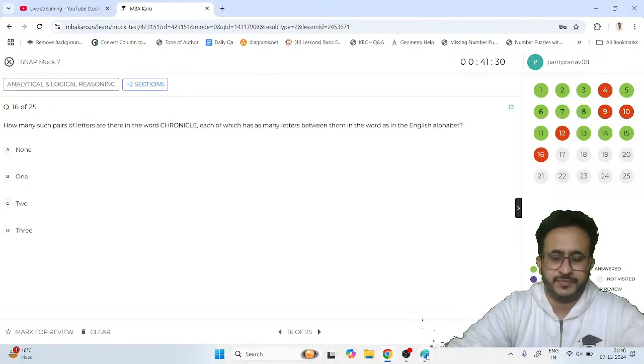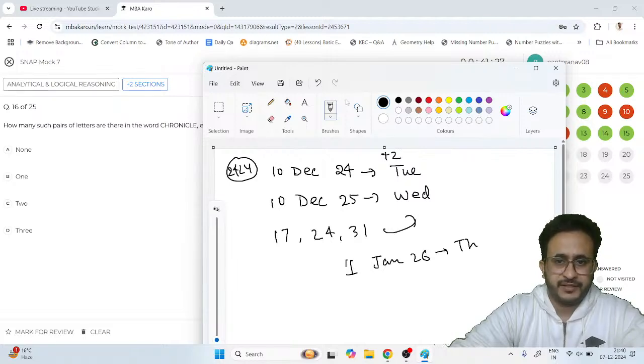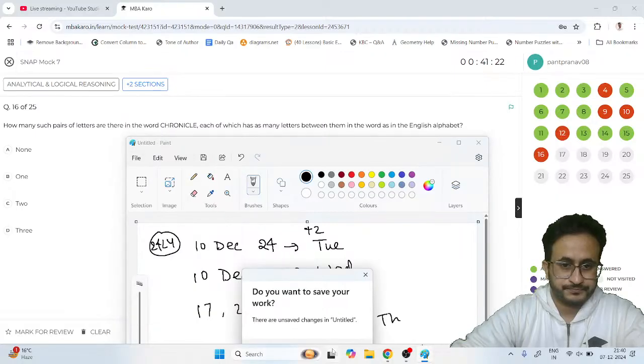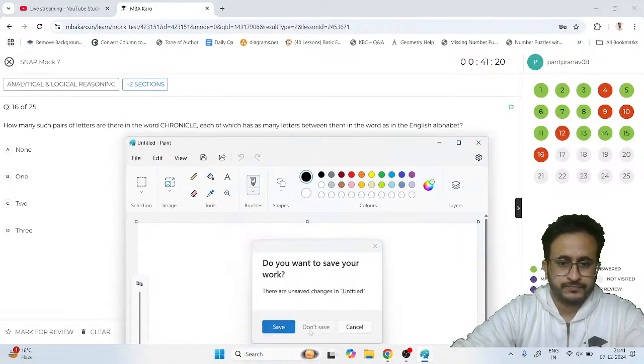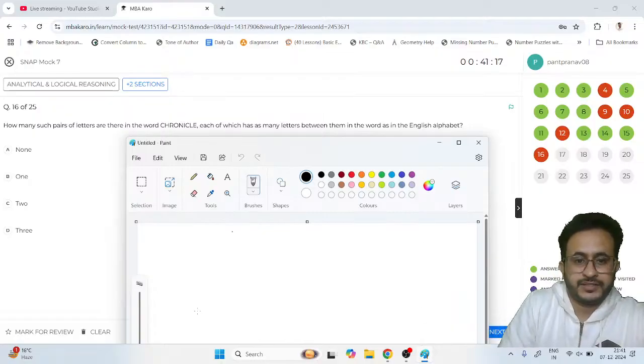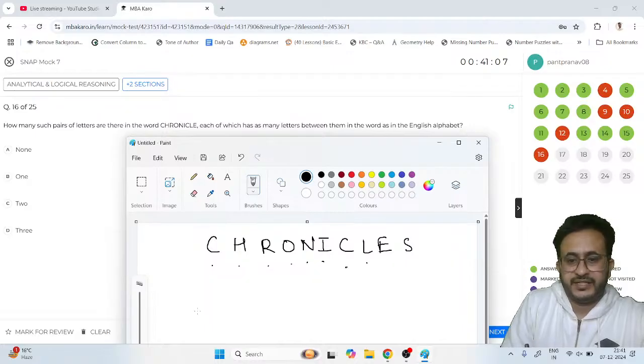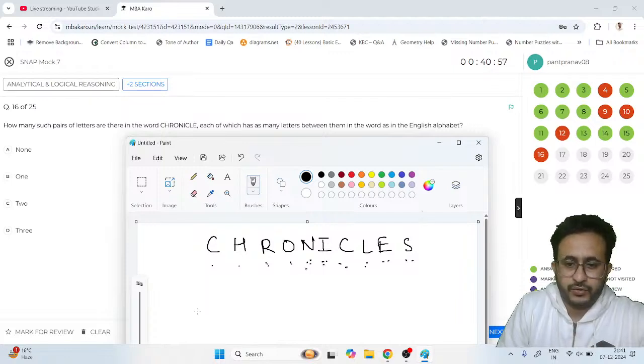Chronicles, as many letters between them as in the English alphabet. C D E F G H I J K L M N O P Q R S T U V. After R there is nothing. N O P Q R S. So N S is one pair.